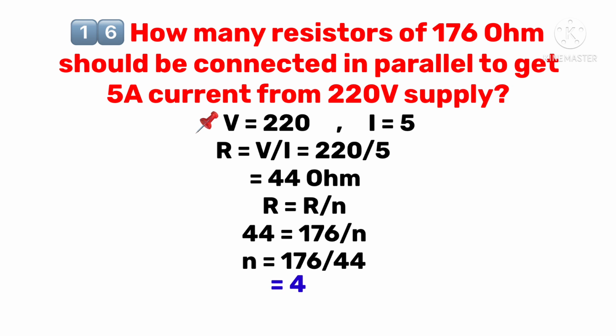Here the resistors are connected in parallel. So the effective resistance R equal to R by N. That is 44 equal to 176 divided by N. So the number of resistors N equal to 176 divided by 44, which is equal to 4.